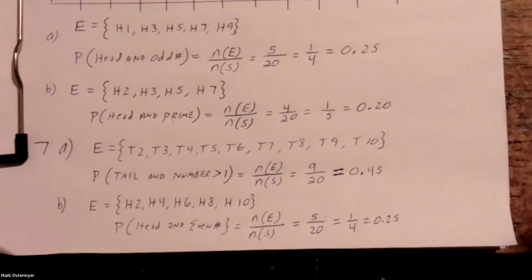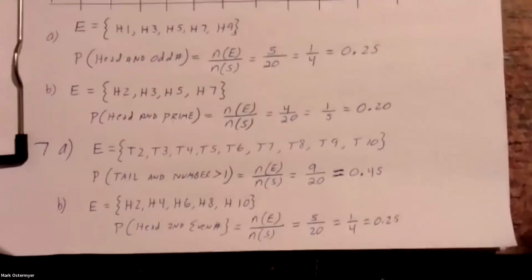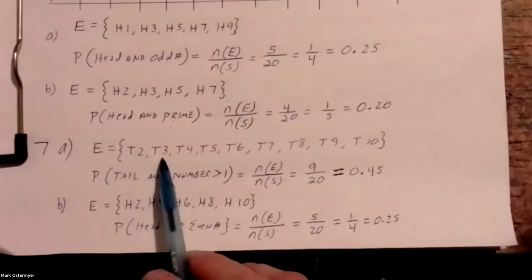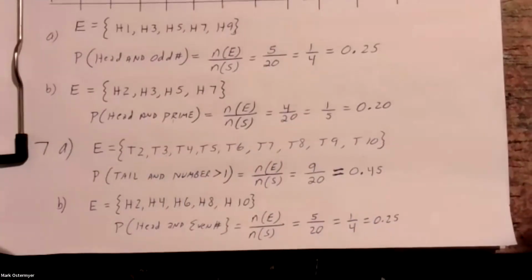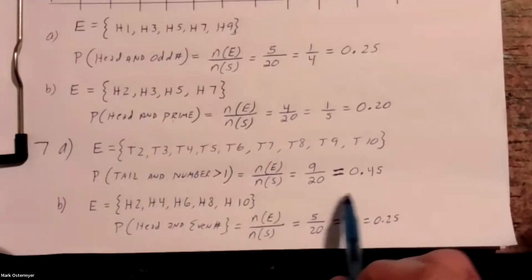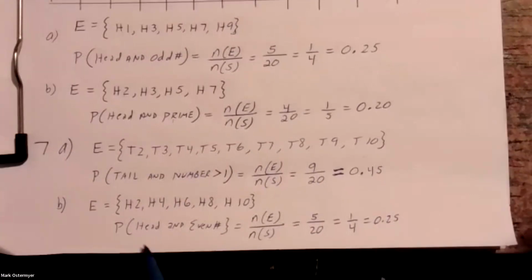Okay, number 7, the probability that we flip a tail and roll a number greater than 1 could occur 9 different ways: tail 2, tail 3, 4, 5, 6, 7, 8, 9, or 10. 9/20 would be the probability, or 0.45.